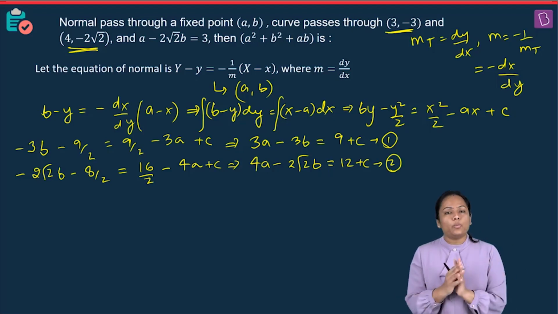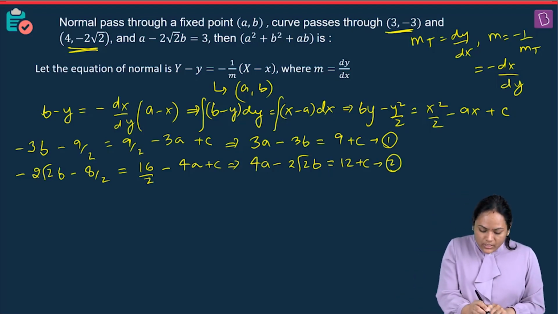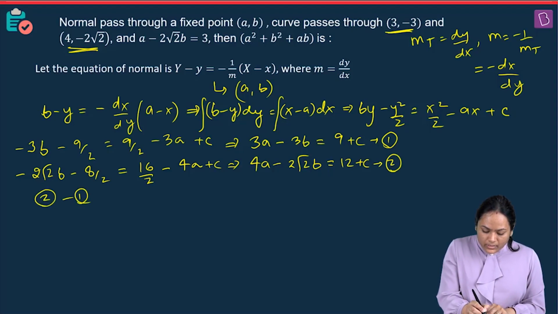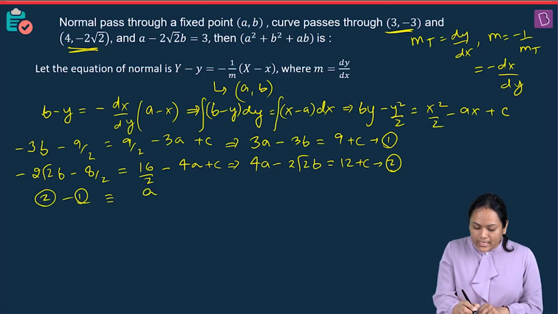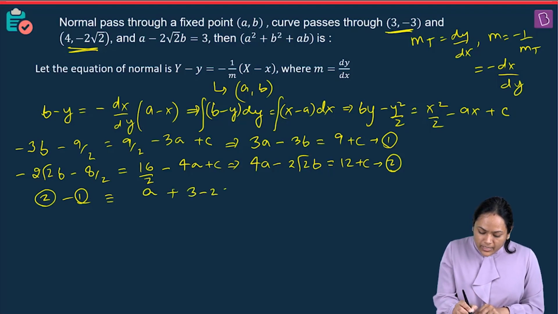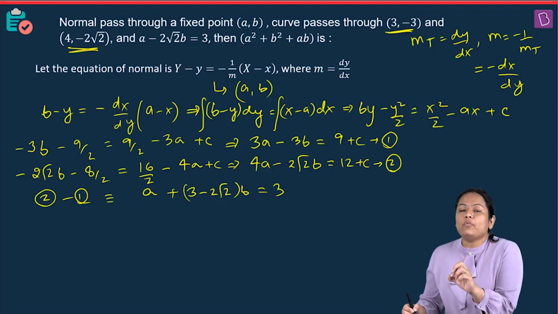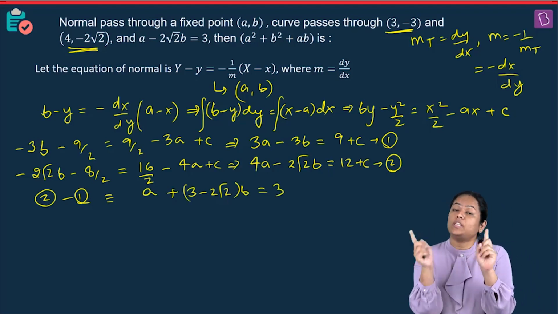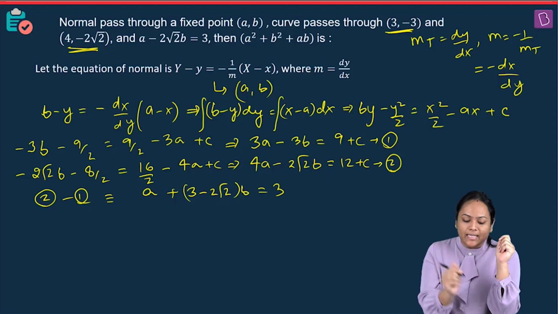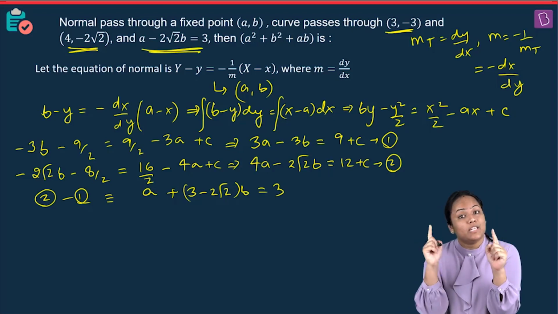Clear? Now we are going to subtract these equations. So I'm writing 2 minus 1. When I do that, I'm going to get A plus (3 minus 2 root 2) times B is equal to 3. Right? And now we are going to use the relation which they have mentioned in the question, that A minus 2 root 2B is equal to 3.